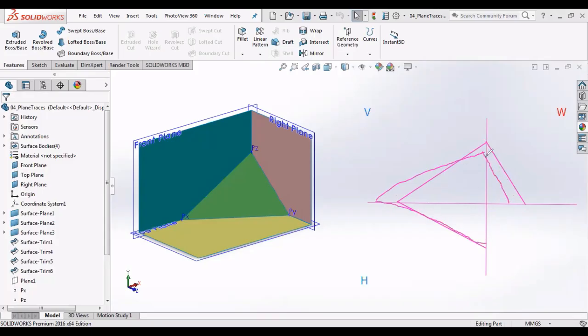So the intersection points, here and here. That is PV.